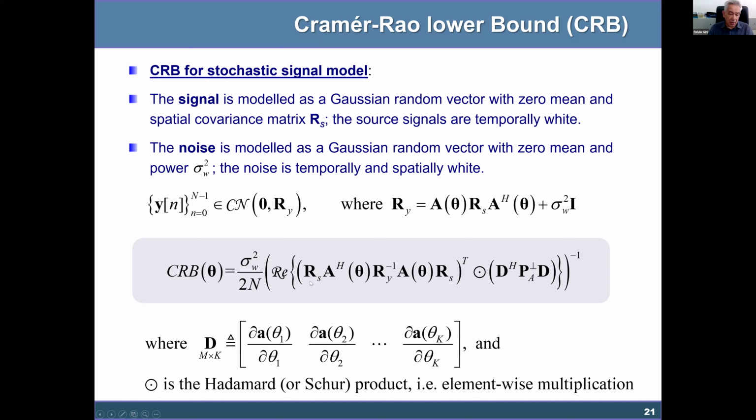This is the Cramér-Rao bound on the estimate of theta under the assumption that the signals are Gaussian processes, so under the assumptions made to derive the stochastic maximum likelihood estimator.